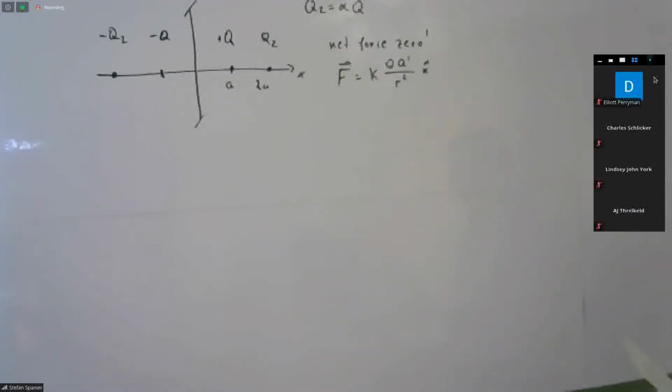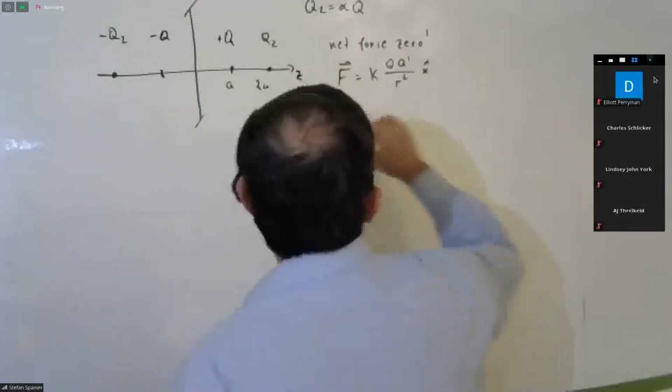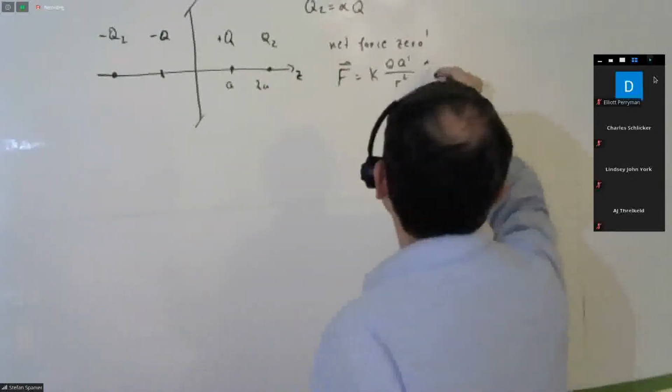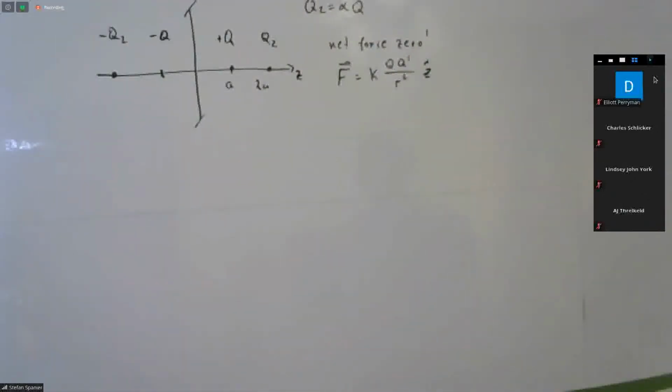But we expect this to be, or z-axis. I wrote x here, I'm sorry, in the problem it says explicitly z. This is, of course, not a problem if you mix z and x, as long as you stay consistent here.